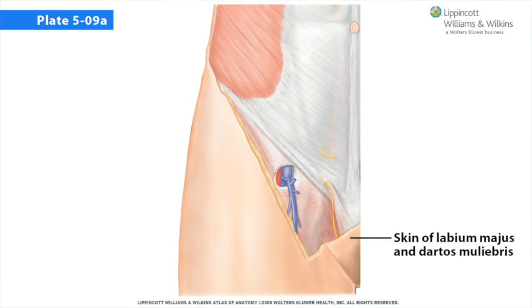Deep to the skin of the labium majus, however, there is a homologue of the dartos fascia of the male, which is called the dartos muliebris. Muliebris is Latin for womanly. The dartos muliebris is a very thin layer containing smooth muscle whose function, if any, is unknown.